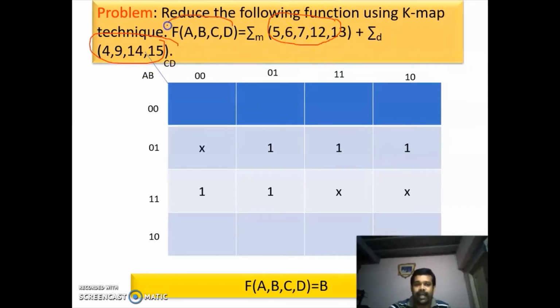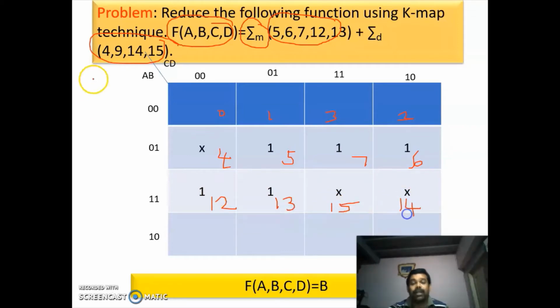How many variables are we having? Totally we are having 4 variables A, B, C, D. So first we have to draw a 4 variable K-map. Then for the min terms we have to plot 1. Since the question is in SOP, we plot ones for 5, 6, 7, 12, 13. The cells are 0, 1, 3, 2, 4, 5, 7, 6, 12, 13, 15, 14.